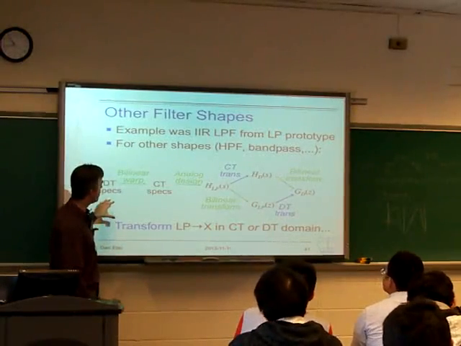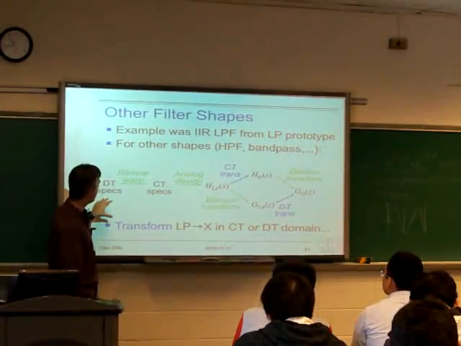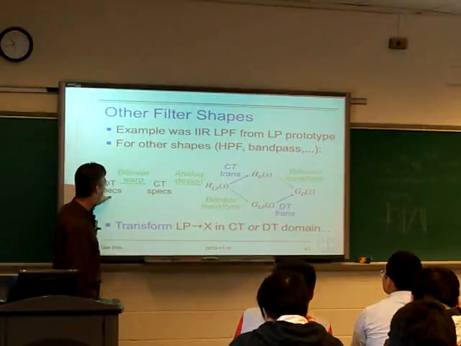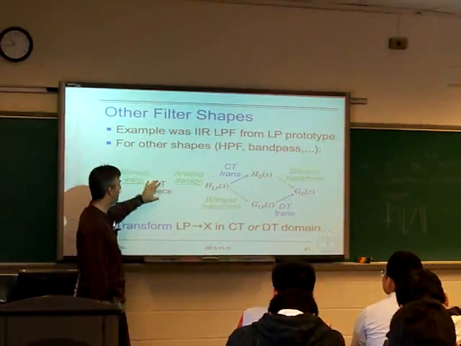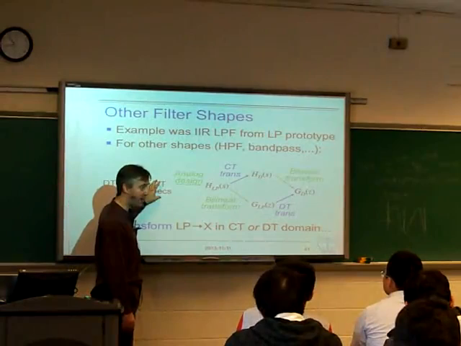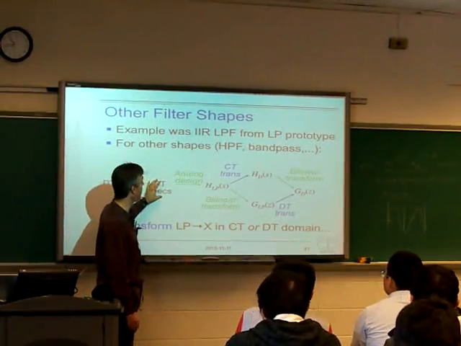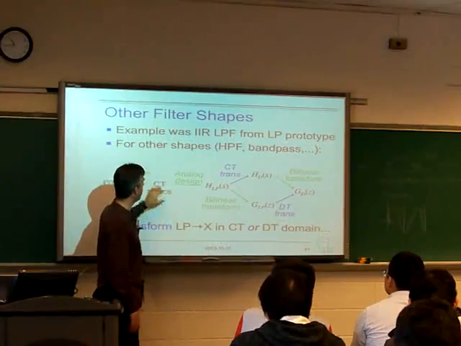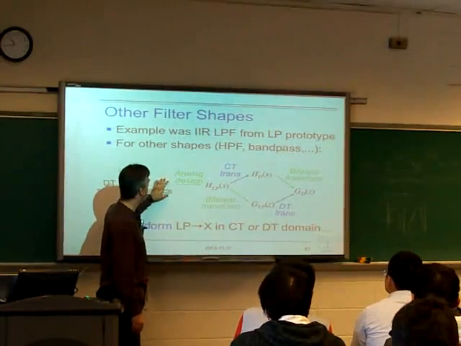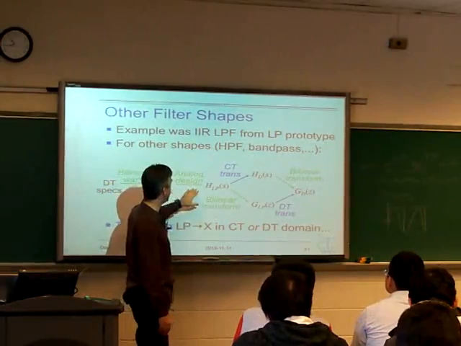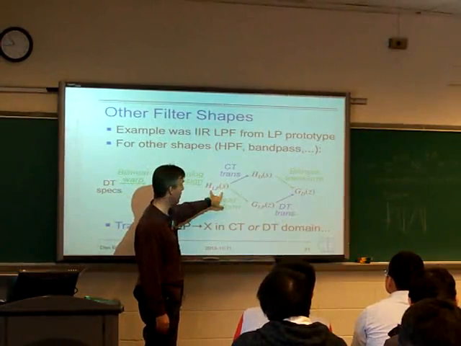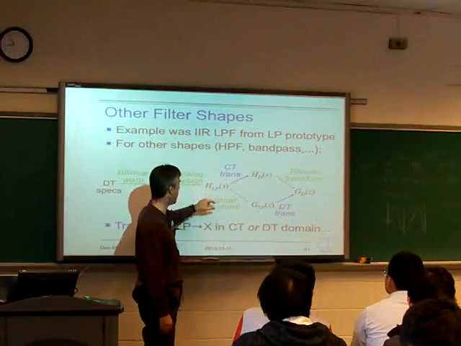So here this would be the overall design process. We have a specification in discrete time. We warp the frequencies to get the specification in continuous time, in this pseudo-continuous time with these notional equivalent frequencies. We do the design in the analog domain to get our analog domain prototype, which is a low-pass prototype.